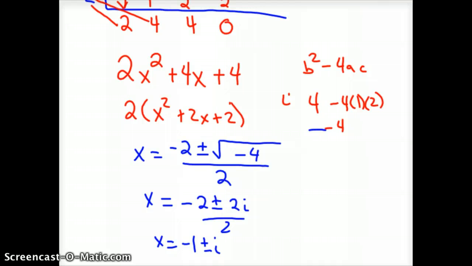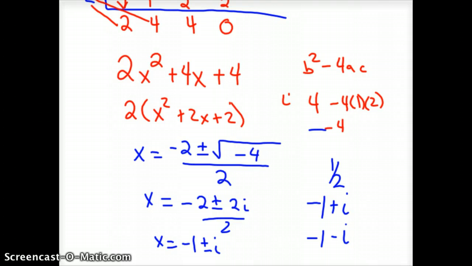So we have the roots of this polynomial, this p of x polynomial. 1/2 is a root, negative 1 plus i is a root, and negative 1 minus i is a root.